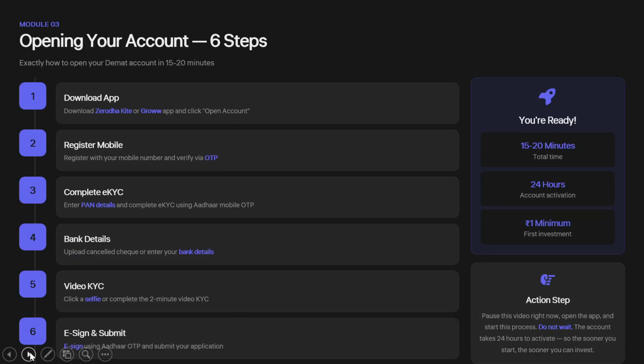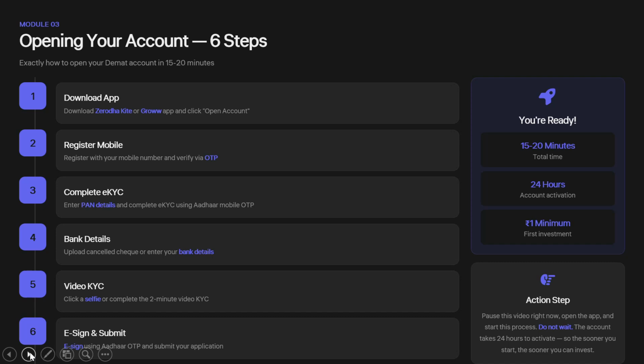Opening your account in 6 steps. Here is exactly how to open your account. Step 1, download the Zerodha Kite or Grow app and click Open Account. Step 2 is register with your mobile number and verify via OTP. Step 3 is enter your PAN details and complete eKYC using your Aadhaar mobile OTP.